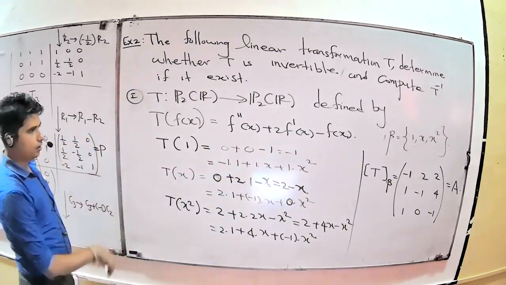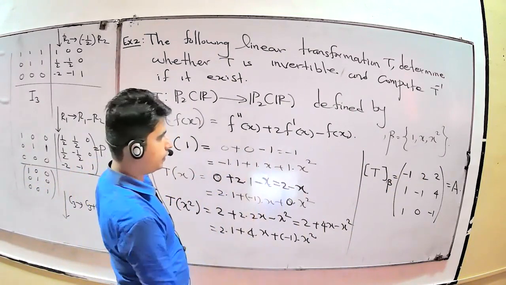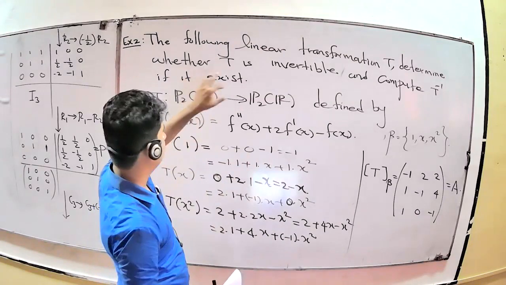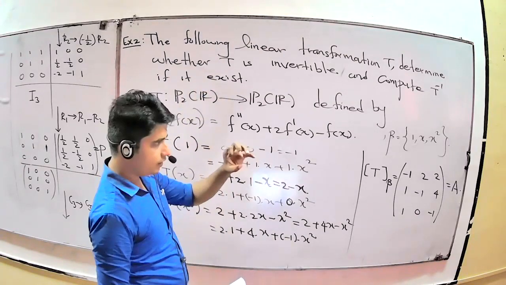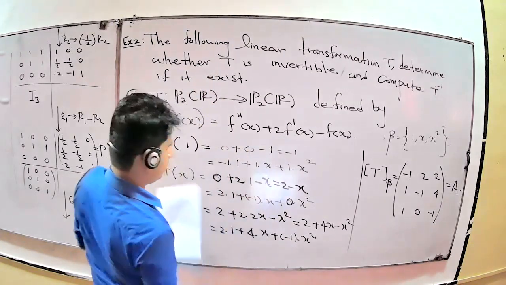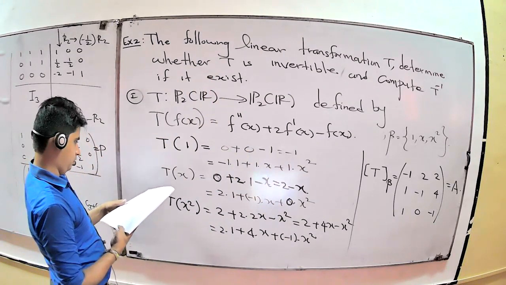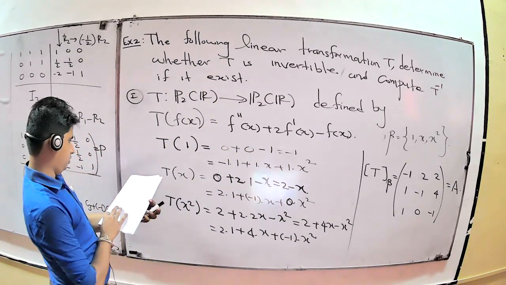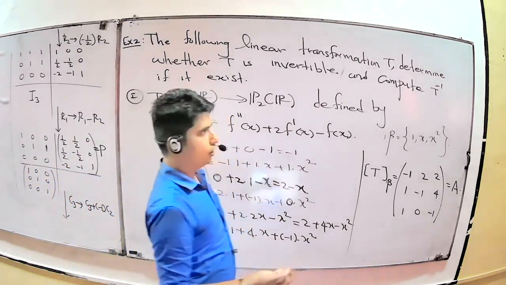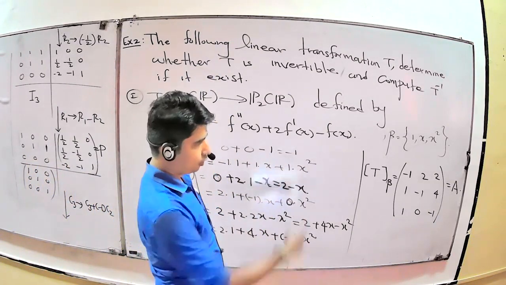First, you want to get the inverse of A. If the inverse exists, then you can say that T is invertible. Also, you can find the rank of matrix A, which is a 3 cross 3 matrix.